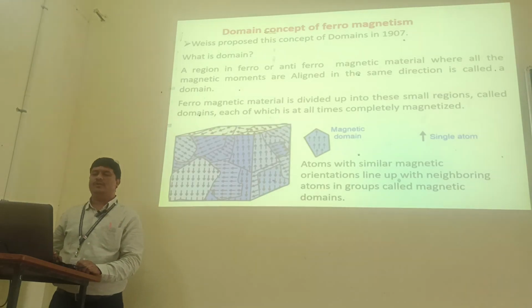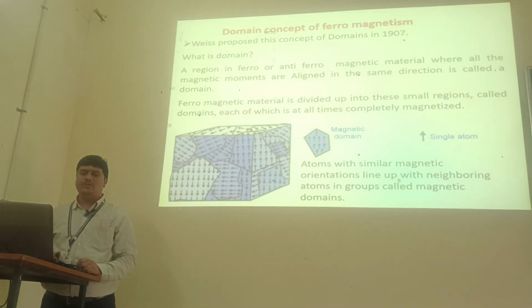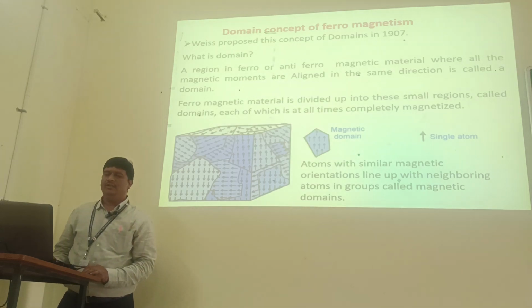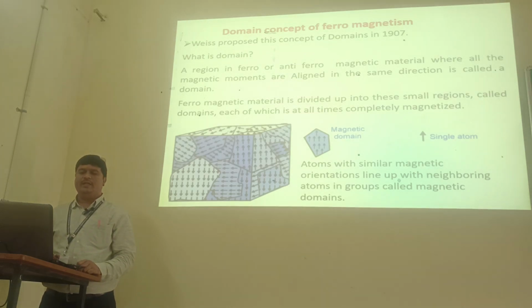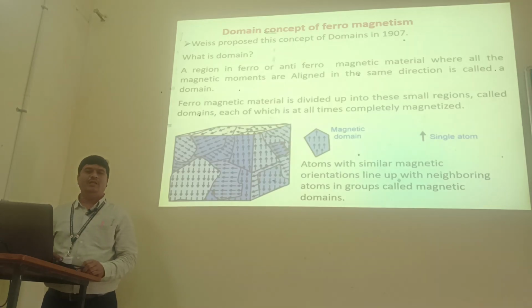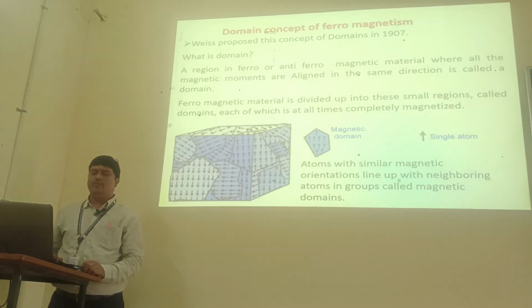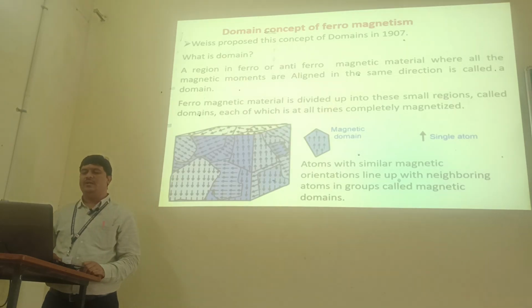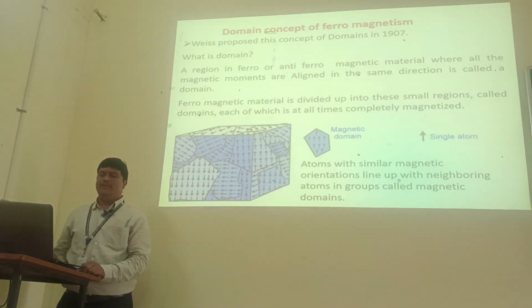Next, the domain concept of ferromagnetic material. This concept of domains was proposed in 1907. What are domains? A region in ferromagnetic or ferrimagnetic materials where all the magnetic moments are aligned in the same direction is called a domain.